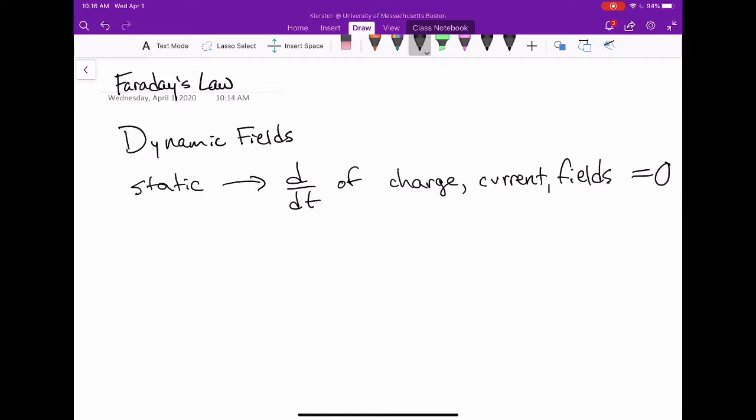What Faraday found is that a time-varying magnetic flux can produce a non-zero voltage around a closed loop.